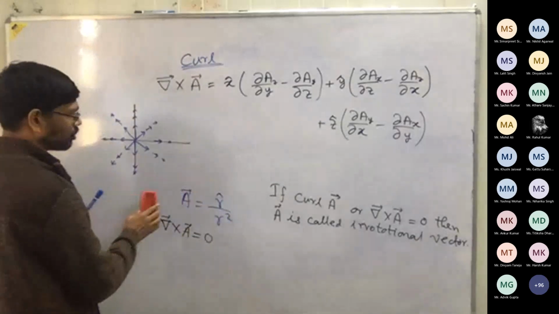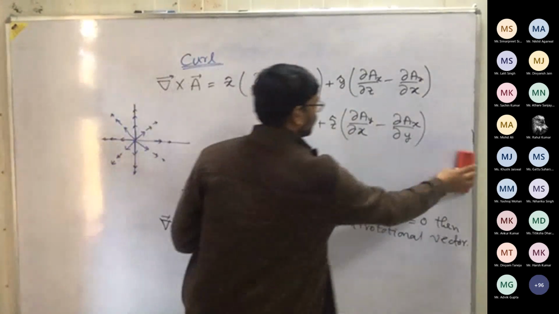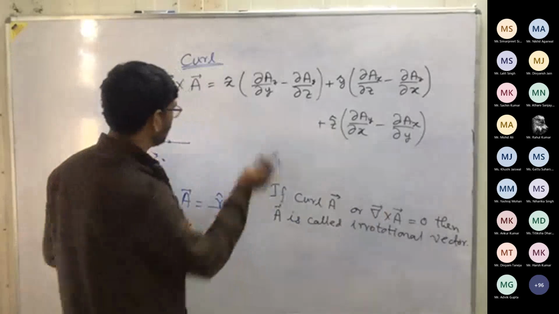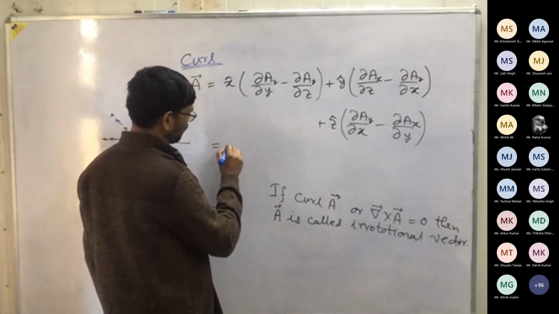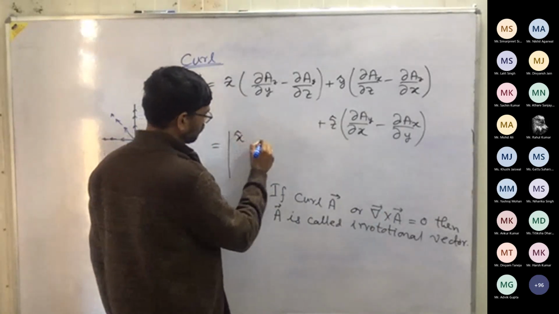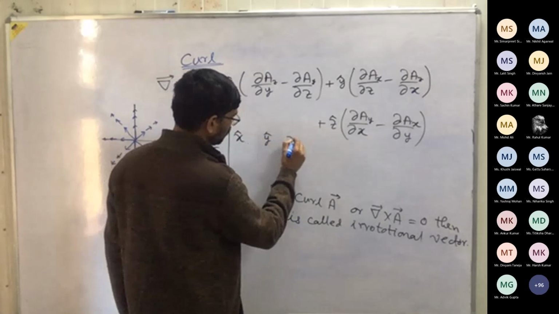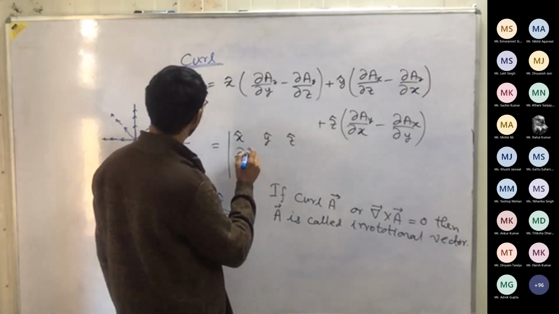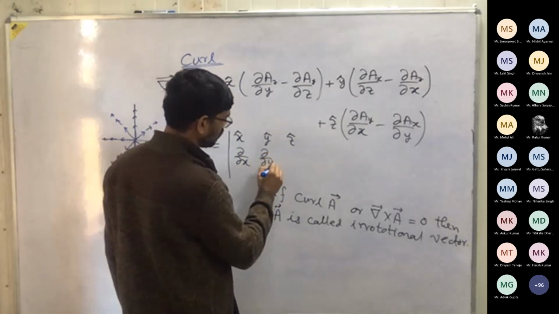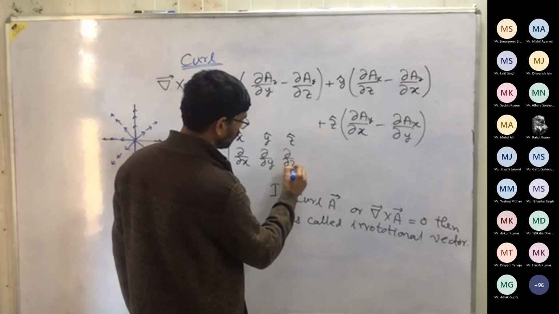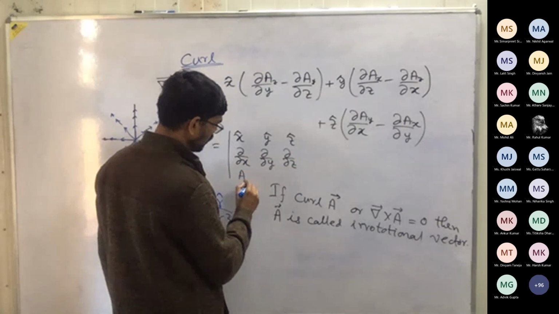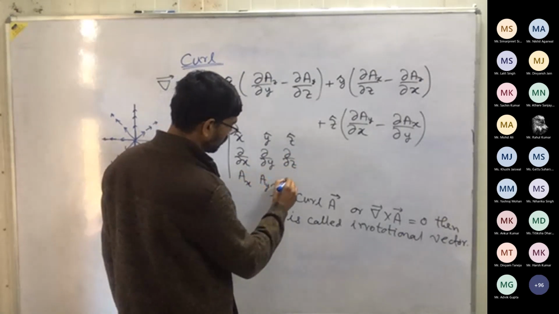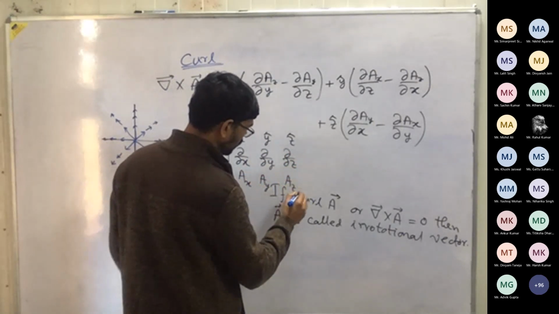So you can write this quantity in this way: x cap, y cap, z cap, then del by del x, del by del y, del by del z, and Ax, Ay, Az.